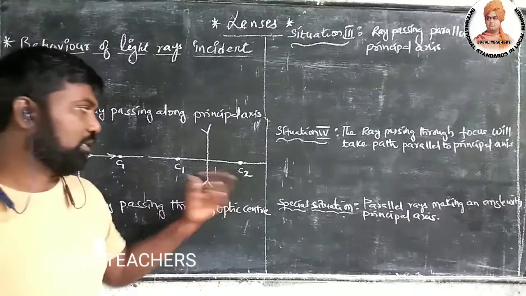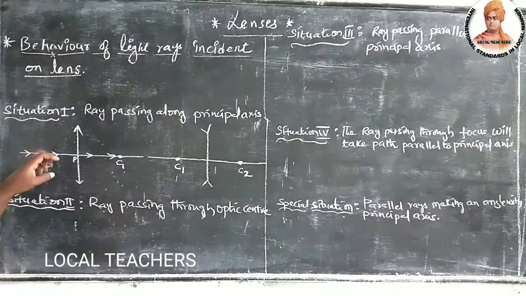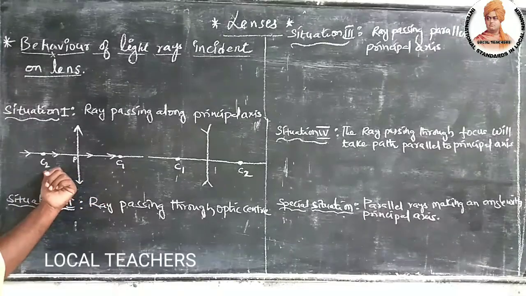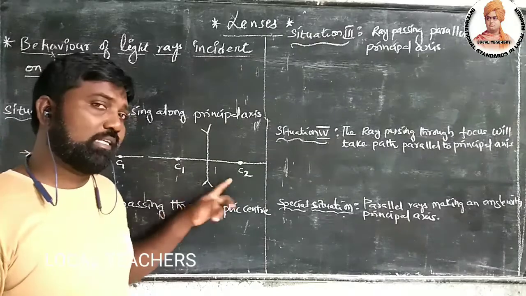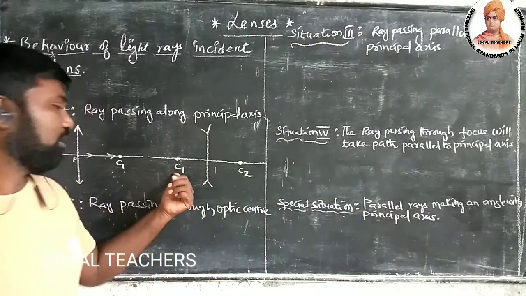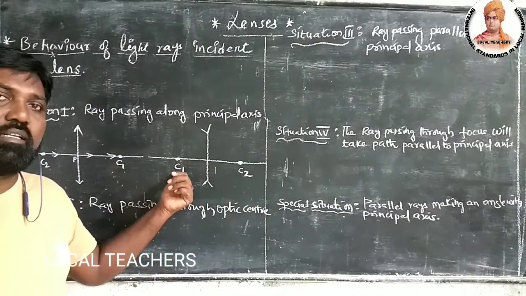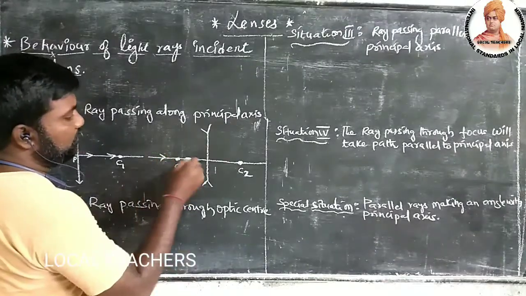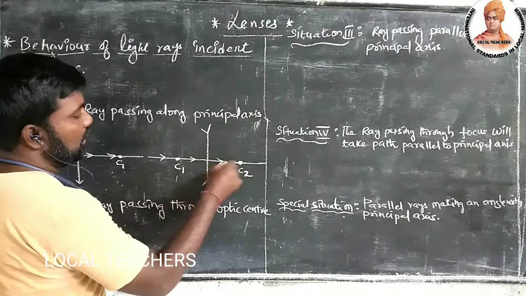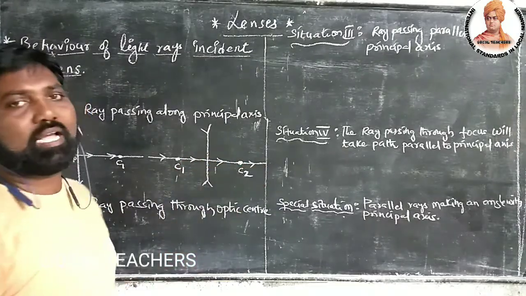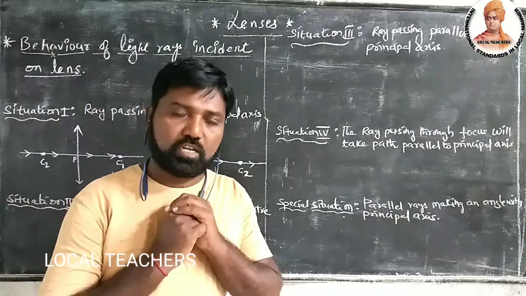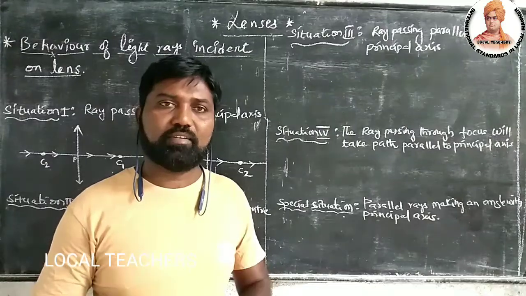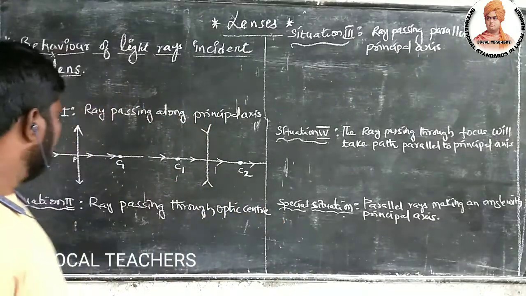If you observe, the difference is that for the convex lens, on the right side we have C1 and on the left side C2, while for the concave lens, on the right side we have C2 and on the left side C1. Just remember this. Here also, if a ray follows along the principal axis, after refraction it will not deviate. It is an undeviated ray.